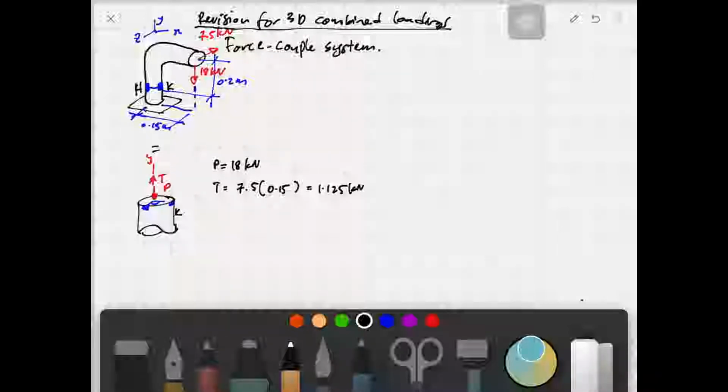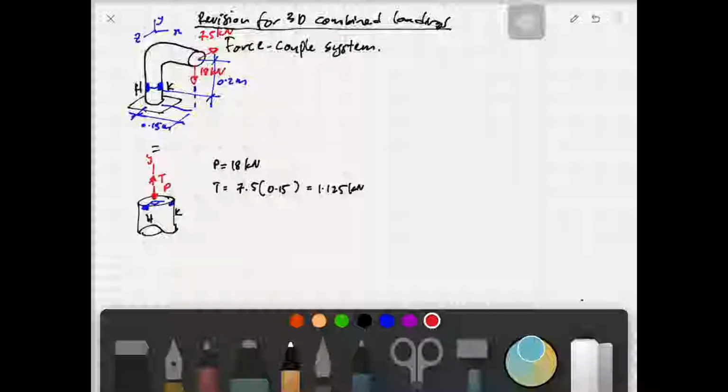this type of question. This is point K, this is point H, and we're going to list down at least three more reactions from the direction of x.